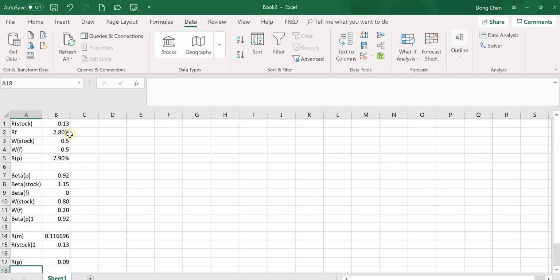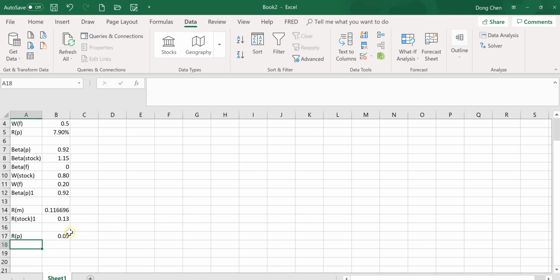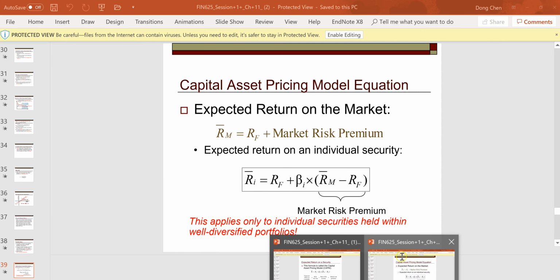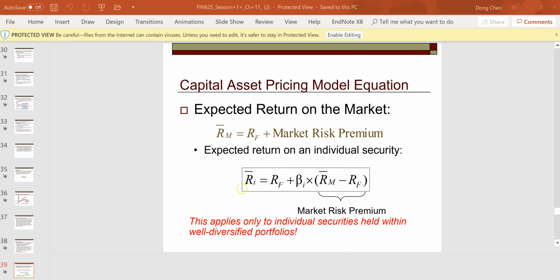So the question is asking what is the beta? Again, if we go back to the CAPM equation here, we know the portfolio return, we know the risk-free asset, we know the market return, so we can solve out this beta.